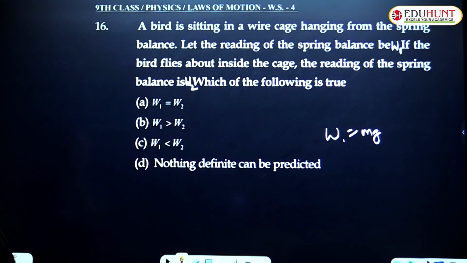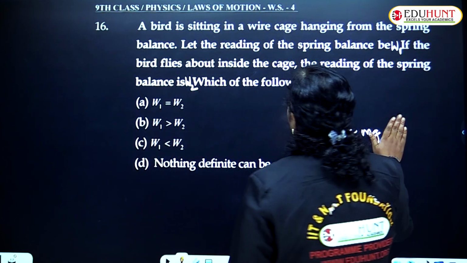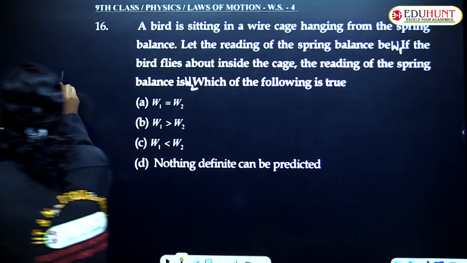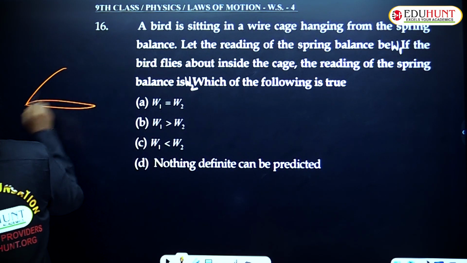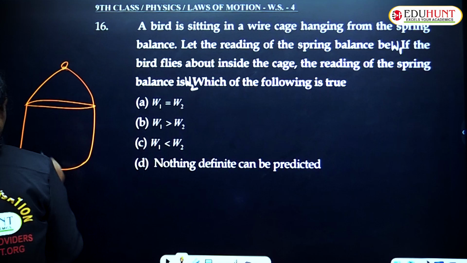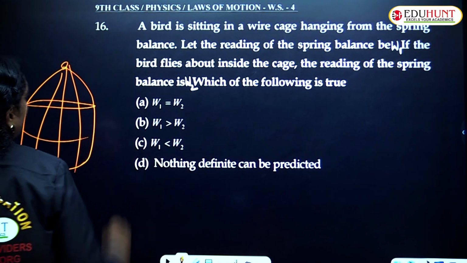So now the last question, children. A bird is sitting in a wire cage hanging from the spring balance. So what is there, children? A bird is sitting in a wire cage. Again, let us imagine the wire cage. Yes.